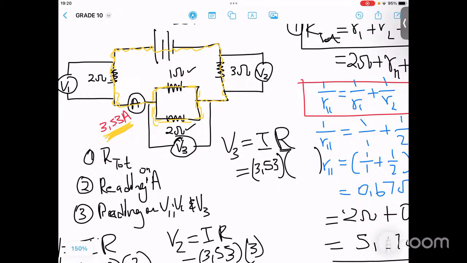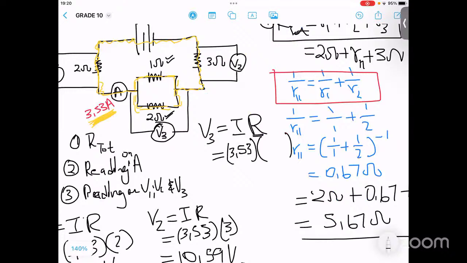So if you see yourself using the R for 1 or the R for 2, just know that you are wrong already. So you must use the R for the combined, which is what? 0.67.